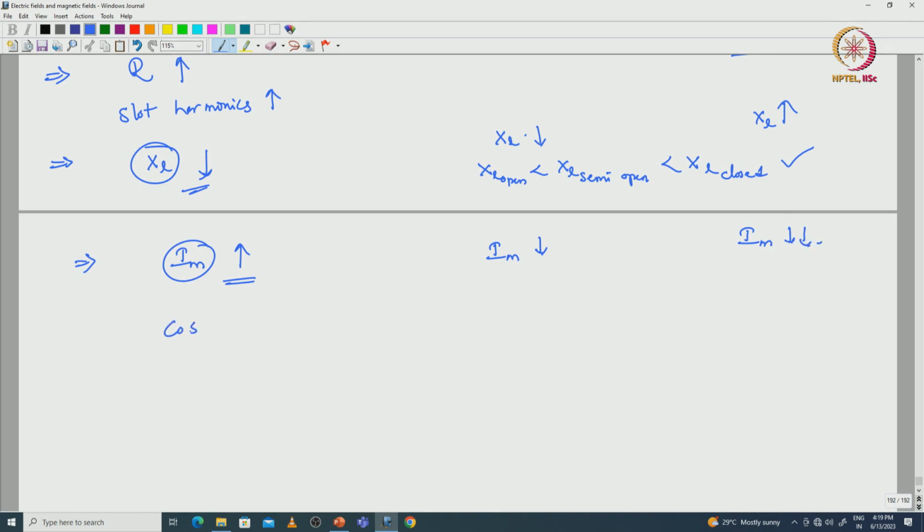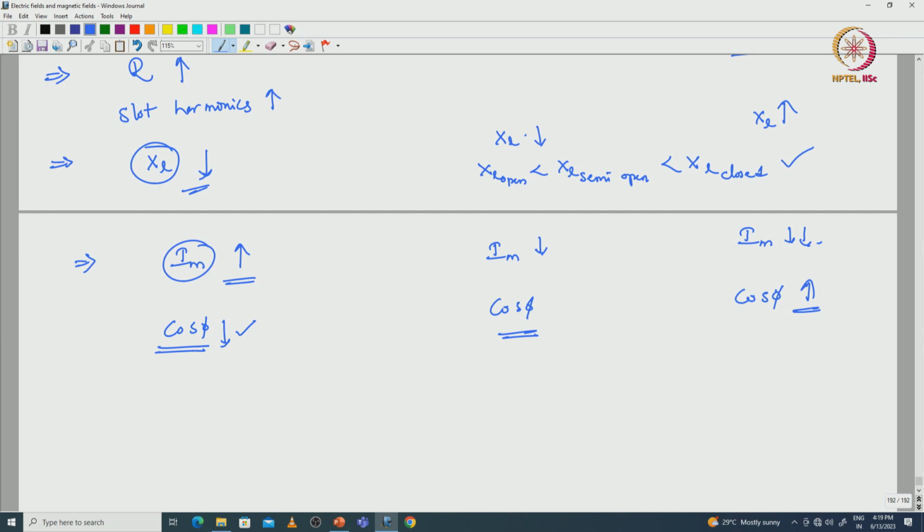And if the magnetizing current is less, the power factor also will vary according to that particular aspect. Power factor will be very high in the closed type of slots and low for the open type of slots, and in between for semi open type of slots.